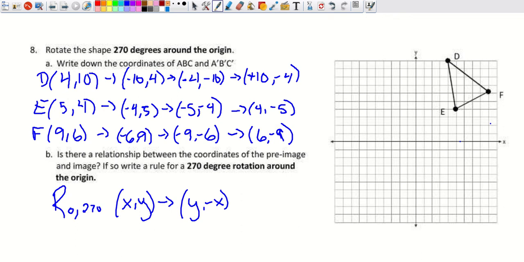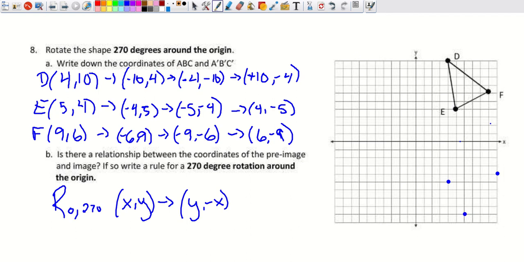So there we go. We're going to graph those points for ourselves, and then we can just go ahead and draw in here. So 10, negative 4, right? 4, negative 5, and then 6, negative 9.